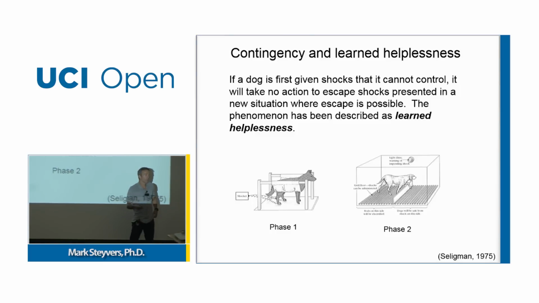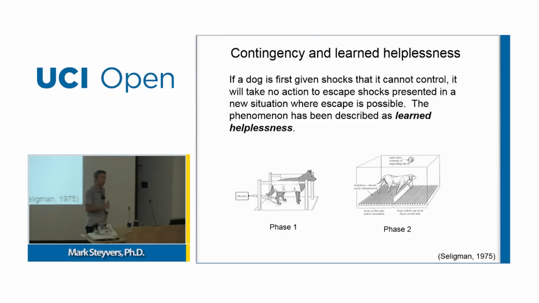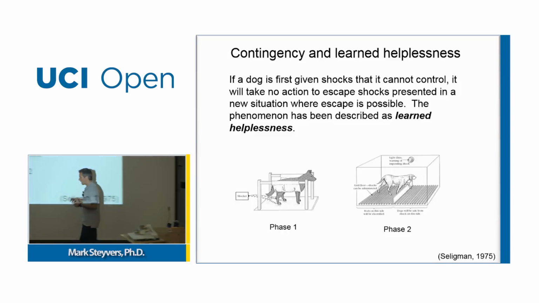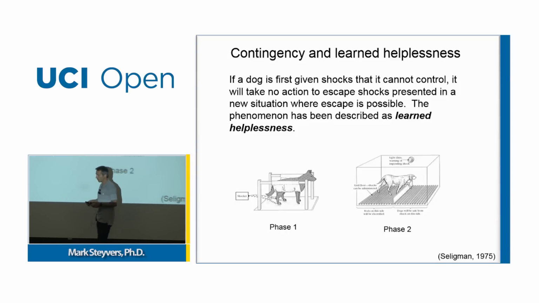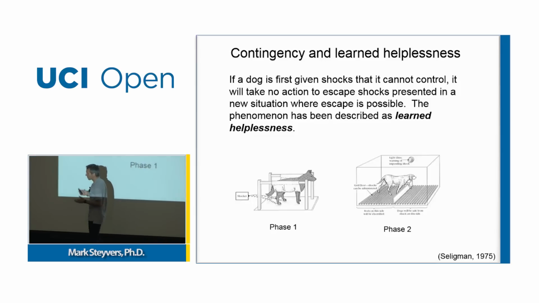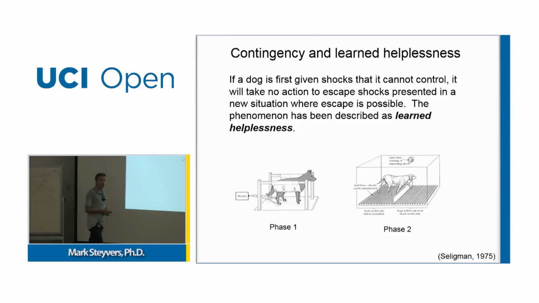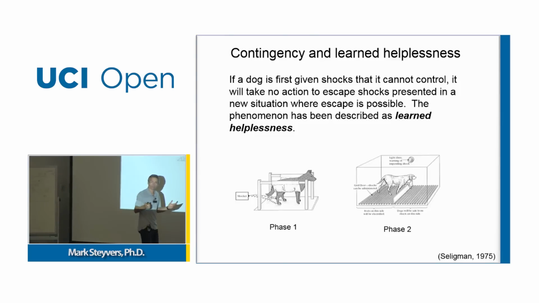And so Seligman drew this parallel to humans being in a state of learned helplessness. And he used it to argue that maybe depression is a state of mind where you've learned that nothing you do has any consequence. You have no control over the environment, and that is the reason why you are depressed. He also used it to explain math phobia.